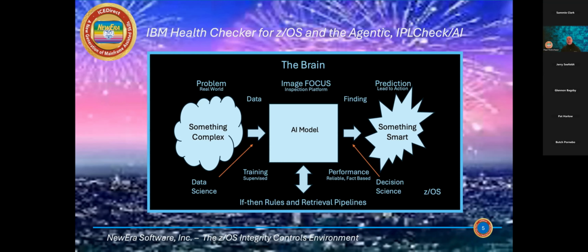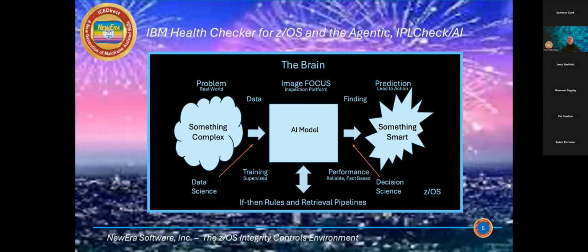That finding then brings you into the picture as a decision scientist, because you are the one who will ultimately have to make the decision as to whether or not the solution to this complex problem resulted in something that's smart, something that can give you a prediction of the future that can lead to action now, that can help you to avoid a problem in the future when you next push the button.